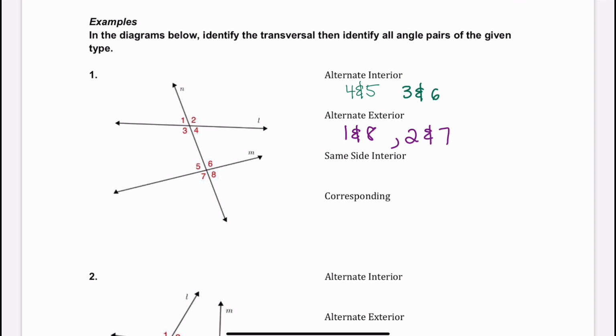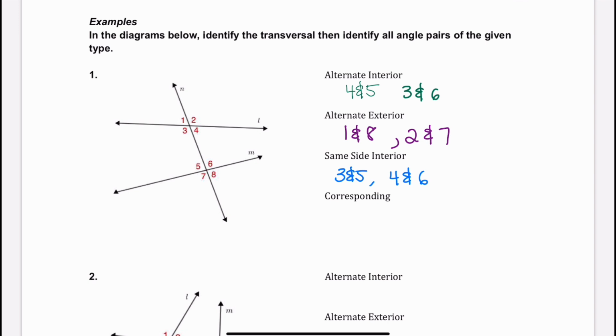Same side interior, we're going to have our parallel lines and two angles on the same side of the transversal. So 3 and 5 would be on the same side on the interior, and 4 and 6 would be another pair.